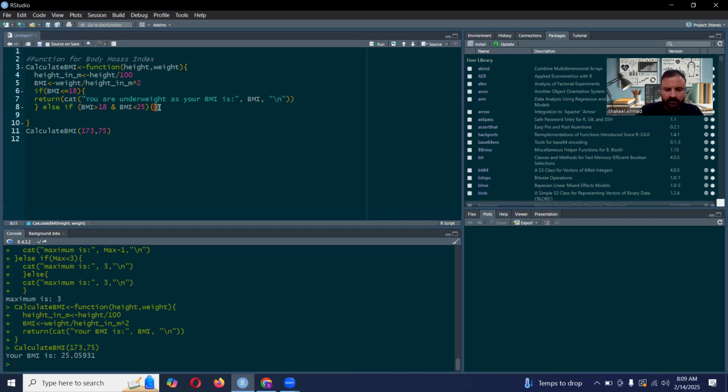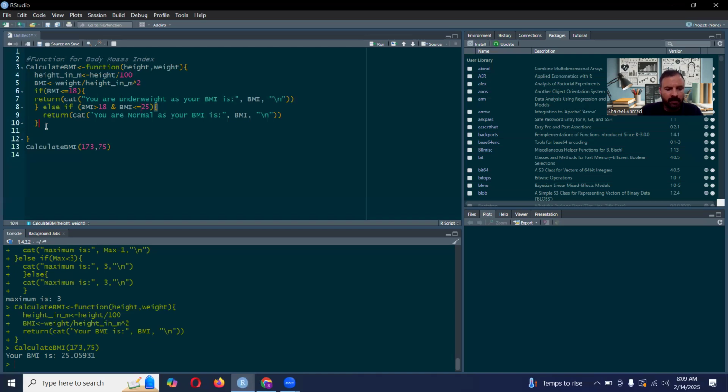what will happen? In that case, you will get a result. The function will return: you are normal weight as your BMI is this. For example, if BMI is less than 25 and greater than 18, now you can include equality here.